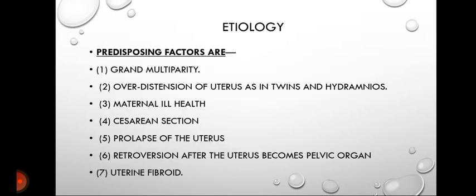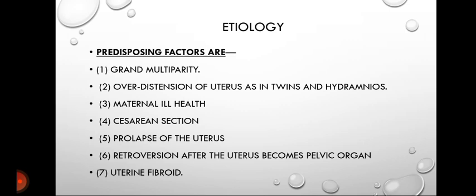What are the causes of subinvolution? The predisposing factors are, first, grand multipara. A grand multipara is a woman who has delivered more than 5 babies. As she keeps conceiving and delivering, the uterine musculature and rigidity might be disturbed or damaged, due to which there may be a risk of developing subinvolution.